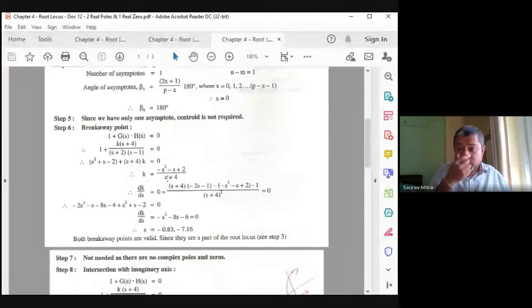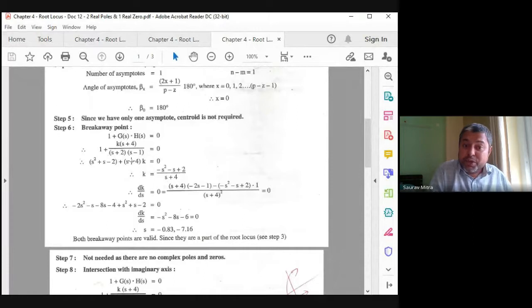So if there is no 0, in that case this minus has no meaning. But if there is a 0 here, k is multiplied with an s polynomial, and this is coming in the denominator like this. In this case, the negative in the numerator has a very big meaning. You cannot ignore it at that time. Okay, so in this case dk/ds is equal to 0. So (s plus 4) square, and (s plus 4) times d/ds of minus s square minus s plus 2, so that is minus 2s minus 1.